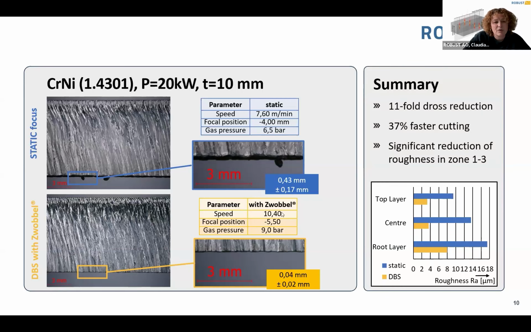And if you go a little bit more into detail, besides the dross reduction and the faster cutting, we also have a significant reduction of the roughness by, let's put it like, a factor of 2. So these results were all in the same sweet spot, so we don't have a difference between separation and quality cut. It's all the same in our case.